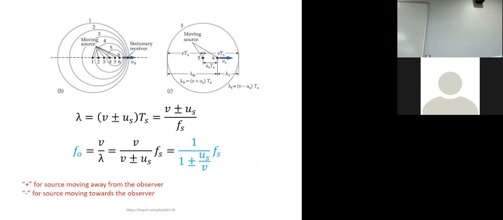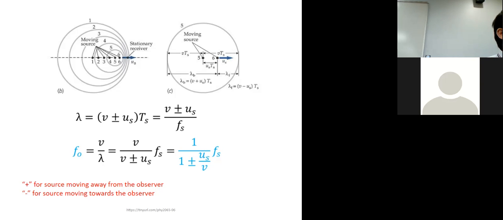So basically, this is what's happening. We'll take a look at the case where the source is moving and the receiver is stationary. Say the receiver is over here, and the source is moving towards the receiver in the figure on the left. On the right, I'll zoom in for that case. You can see the first wave given out by the source has a wave peak approaching the receiver.